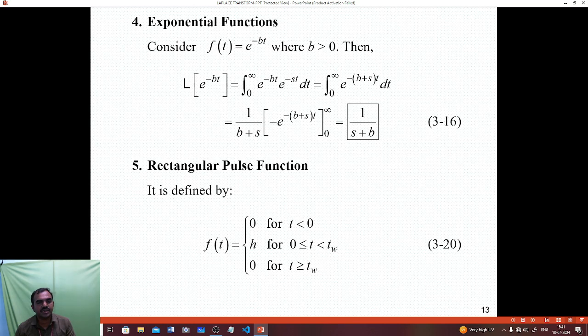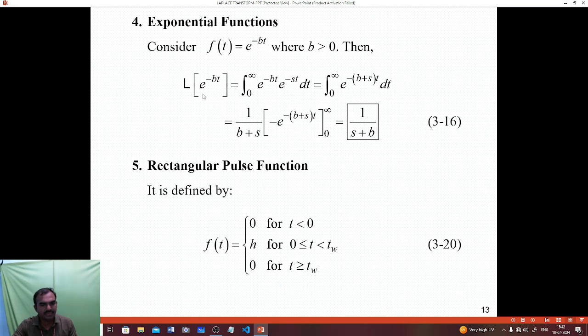Next one, the exponential function. Previously we saw the differential equation and the step function. Now the exponential function is nothing but e power x. Consider f of t equal to e power minus pt where p is greater than 0.